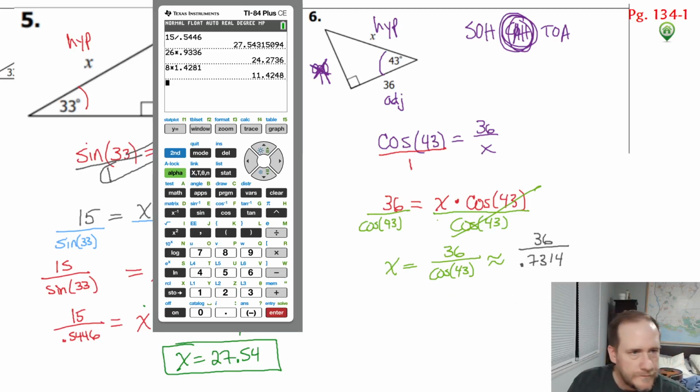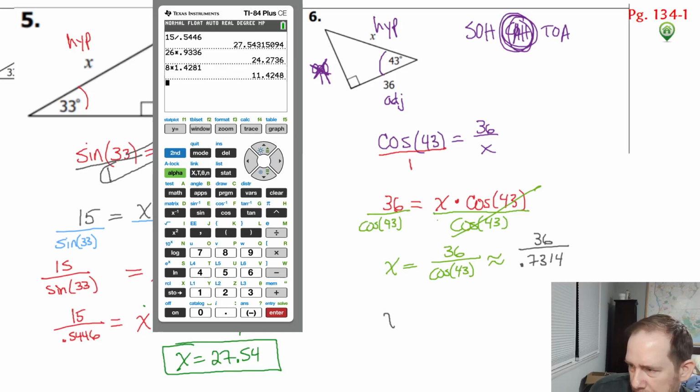And it's kind of weird. You might have noticed in the previous one, but normally division makes things get smaller, but when you divide a number by a decimal like this that's less than 1, the number will actually get bigger. So if you get an answer here that's bigger than 36, that's normal. That's supposed to happen.